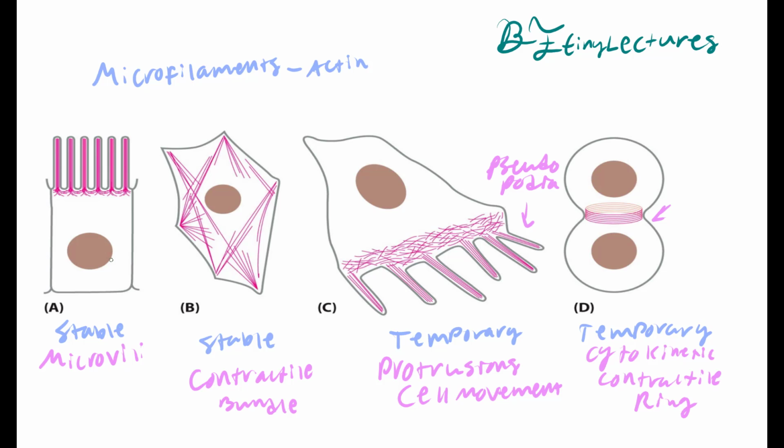And so the microvilli are needed for absorption of nutrients. You often find these within the epithelial cells of the intestines and the gut. So this is for absorption of nutrients. This is food processing.